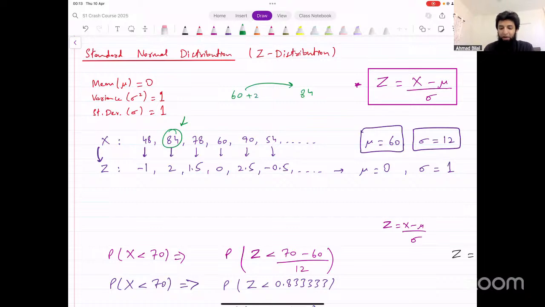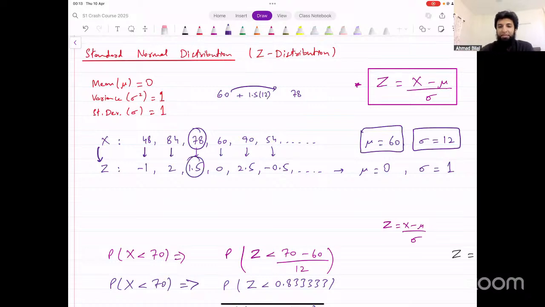We have to add 2 12s to it, 2 standard deviations. You see the value of z? That's 2. Similarly, for example, 78. We have to go from 60 to 78. How many 12s do you have to add to get 78? 1.5 12s, right? So this value is 1.5.